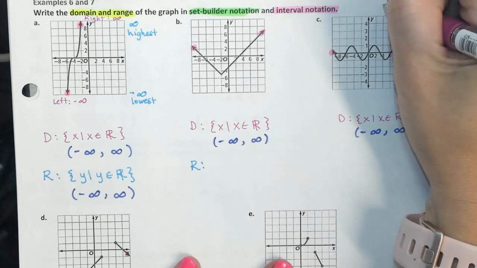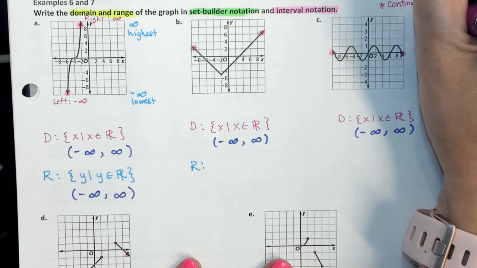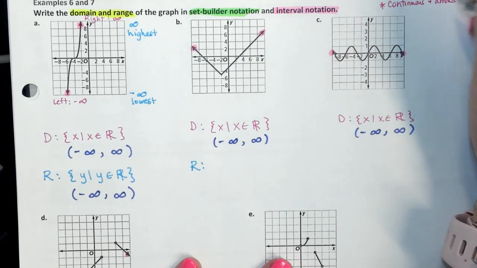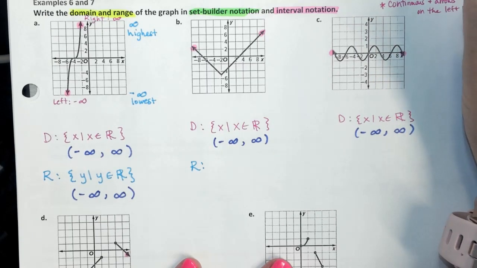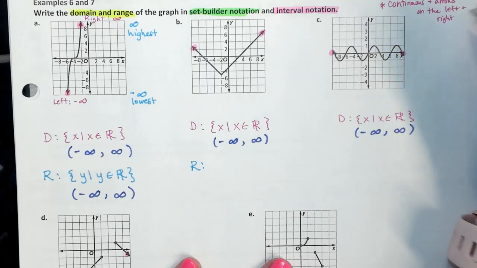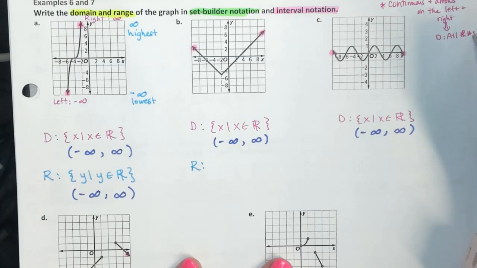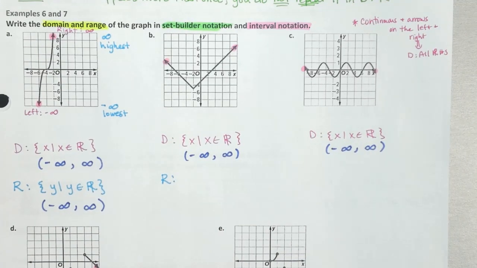And if you want to write that, because you like seeing it, if it's continuous and arrows on the left and right, that means the domain is all real numbers. I'm just going to write it like this for shorthand. Feel free to write those notes for yourself.